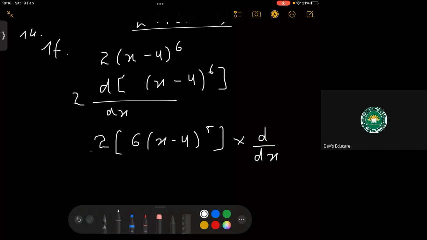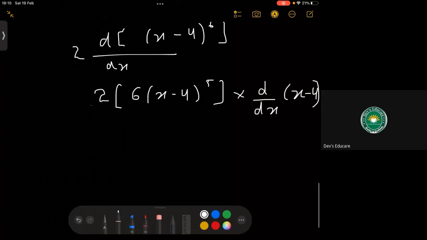x minus 4. d by dx of (x minus 4). Yeah, that will be the answer.